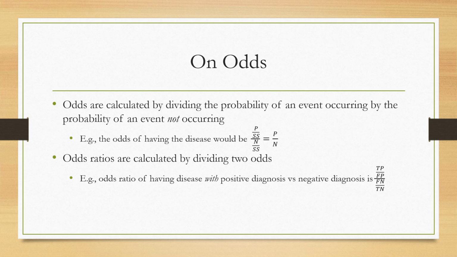So what does this actually mean? For every patient diagnosed with the disease who doesn't have it, odds ratio times as many patients diagnosed with the disease will have the disease, then the number of patients diagnosed to not have the disease will have the disease for every patient diagnosed not to have the disease will not have it.